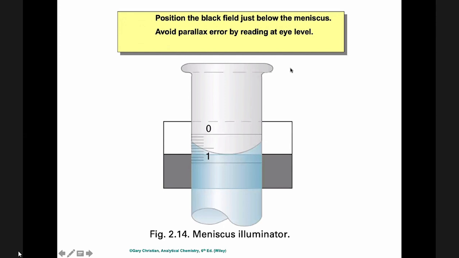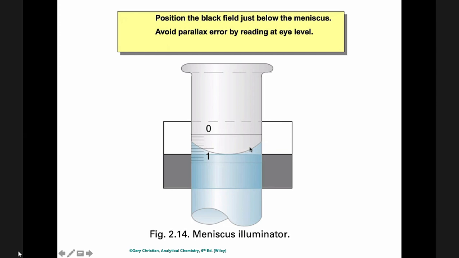Now, how do you read a burette? For those who have not yet developed the skills of reading burettes, you could use a black and white cardboard paper to check more easily if you are already getting the correct reading.